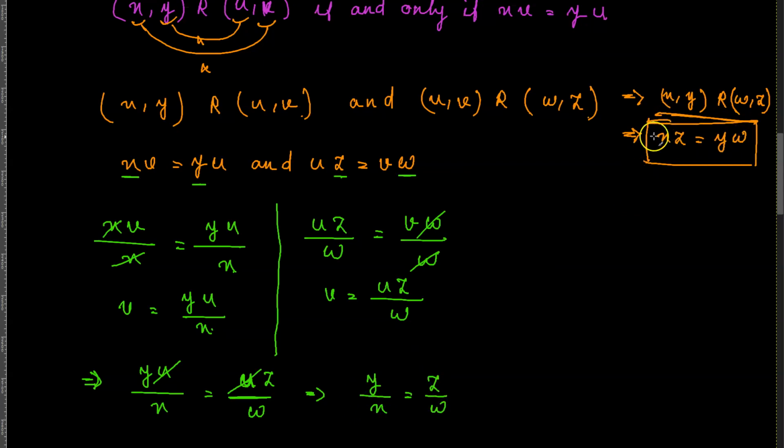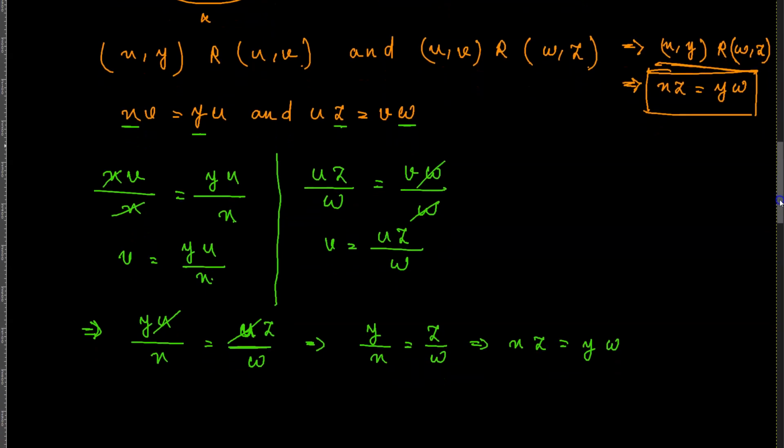Now what I wanted to show was this thing over here, that x times z is equal to y times w, which is, if you cross multiply this, you will get the same thing. So x times z is equal to y times w. So now the assumption that I have made implies that this is true.